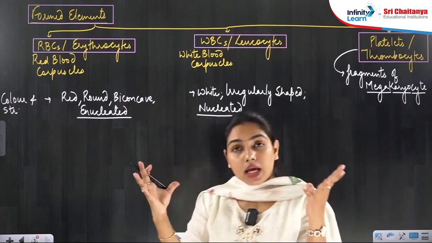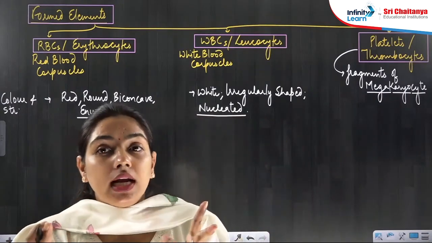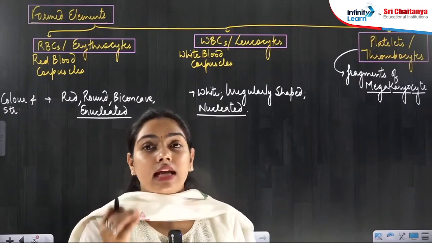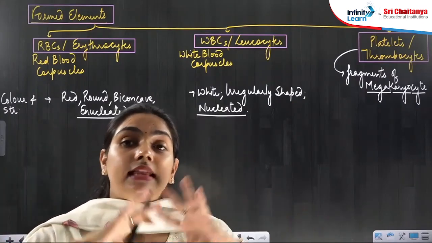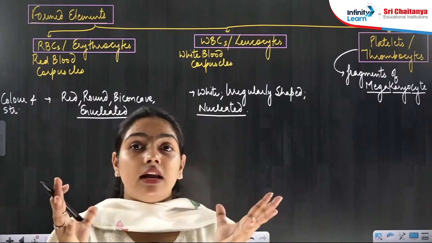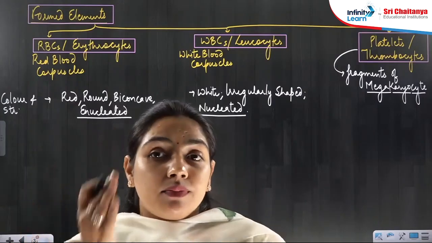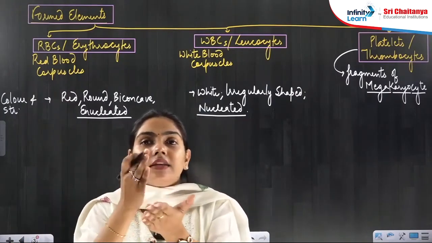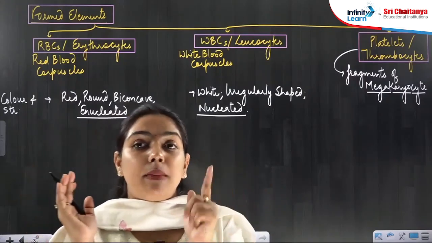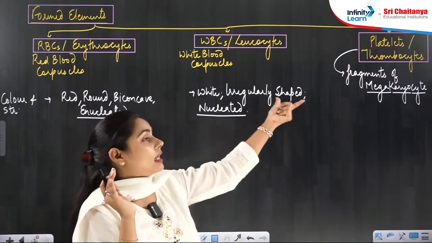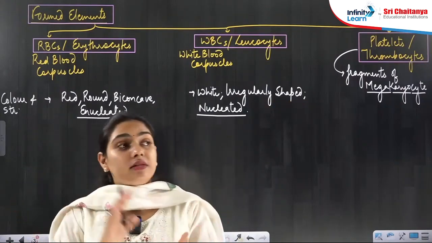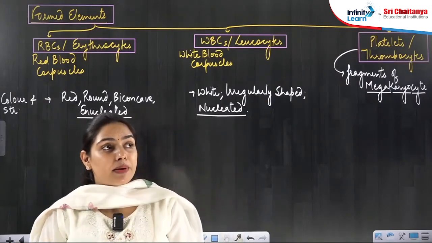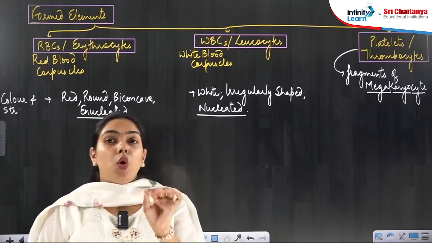Mega means big, karyo means nucleus, and cyte means cell. So megakaryocyte is a cell which has a large nucleus, and it is fragmented, and the fragments of the megakaryocyte are known as platelets. Now, where is this megakaryocyte present? It is present in the bone marrow.